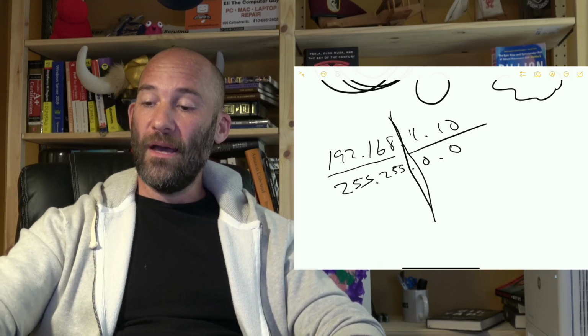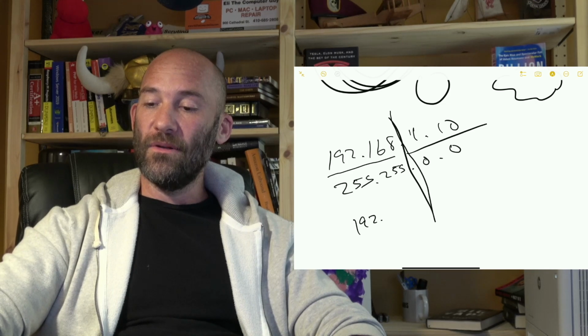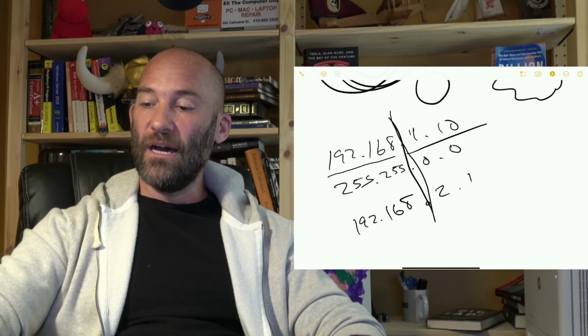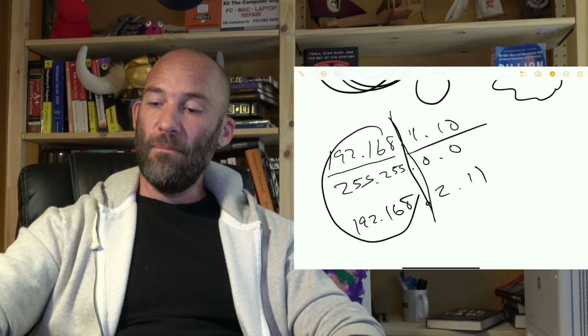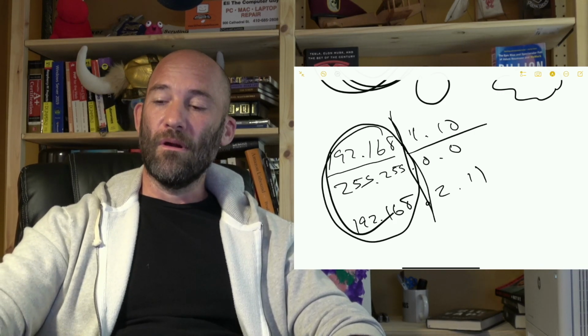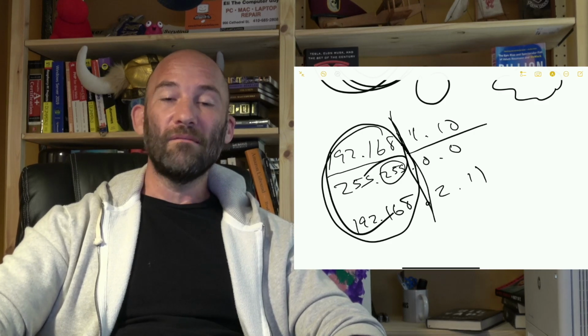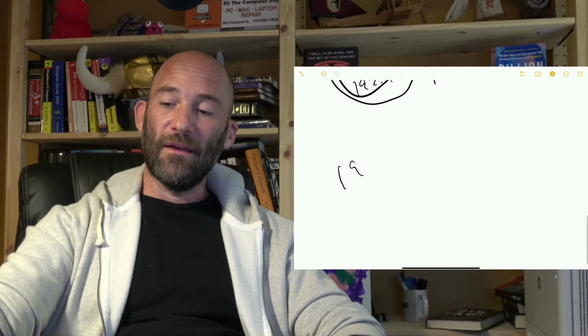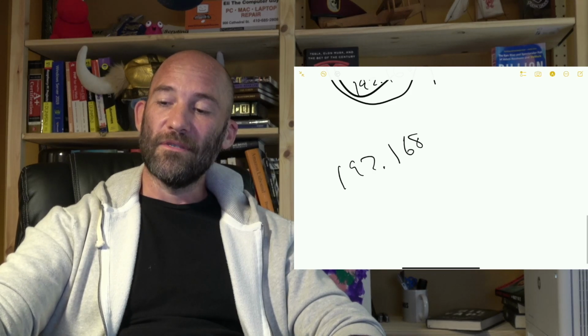So if you had another computer that's 192.168.2.11, that would be on the same network because that's where the subnet mask is dividing it. If you go down, and theoretically, again, this won't route properly, but I'm just trying to give you a simple example.